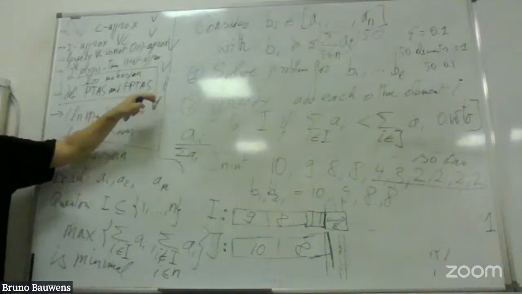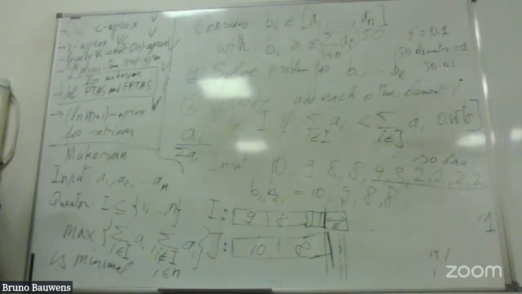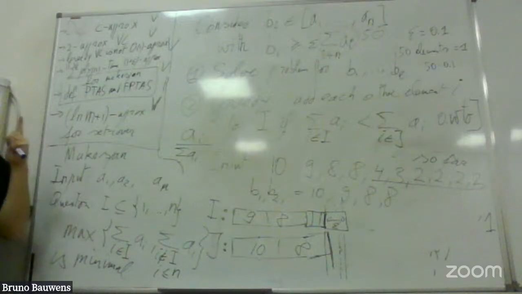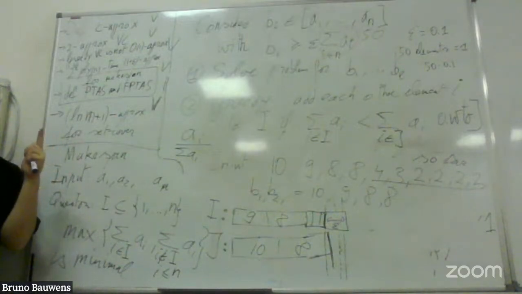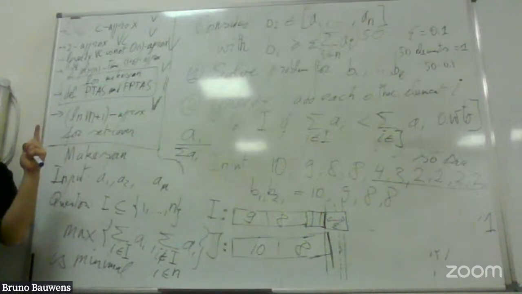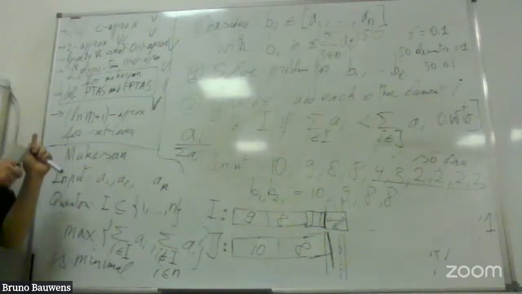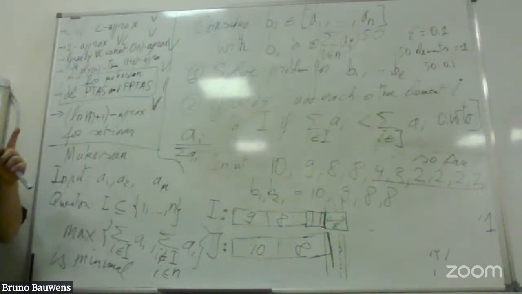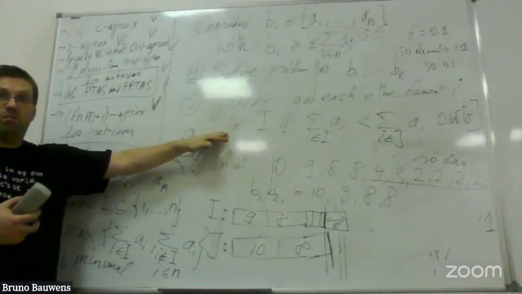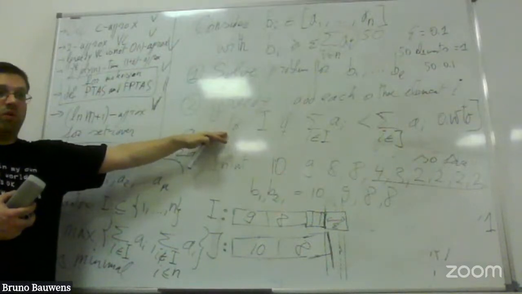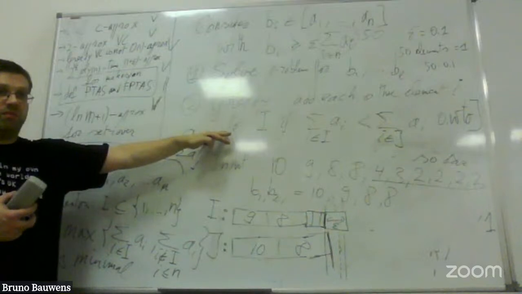It means that there exists one algorithm that for each epsilon computes a 1 plus epsilon approximation in time polynomial in both n and 1 over epsilon.